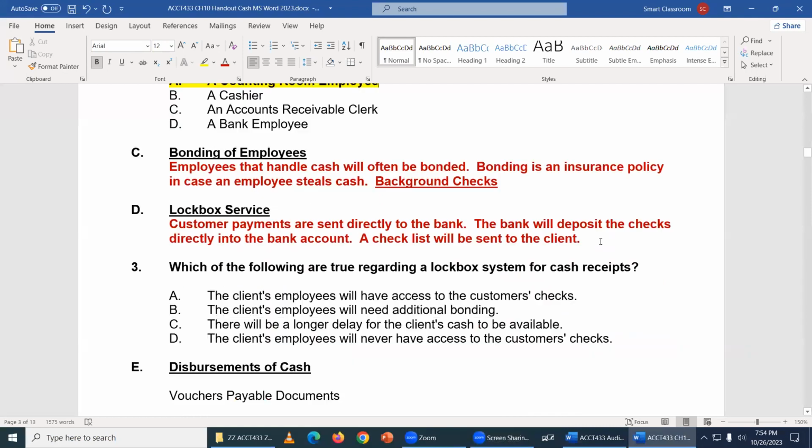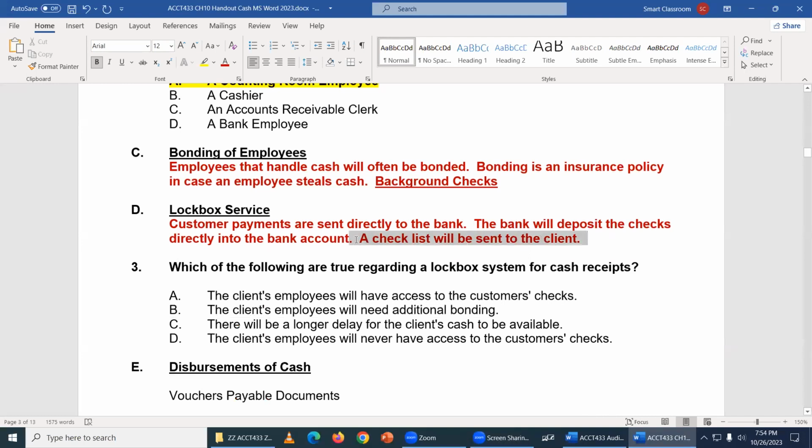The employees of the business never actually have the opportunity to even take a check, because they don't come to them. They go to the bank directly. Usually it's faster. Now the bank charges for the service, obviously, but it's faster. It goes directly into the bank account.